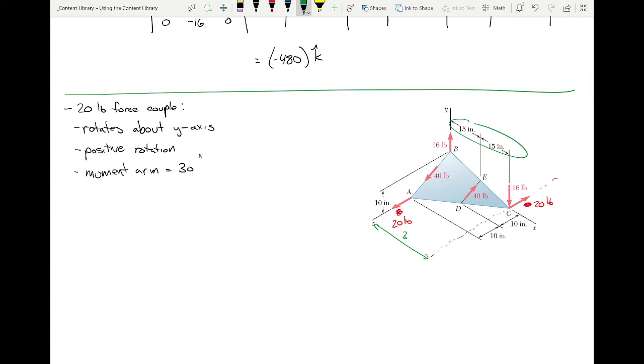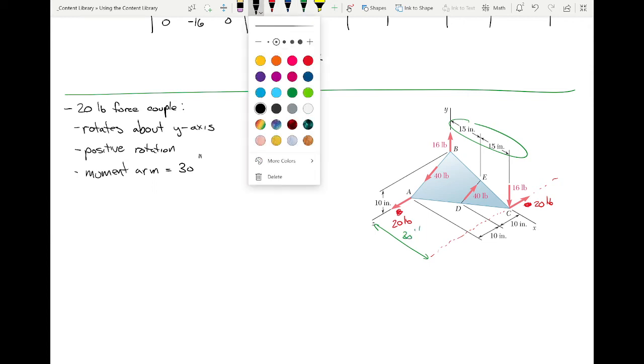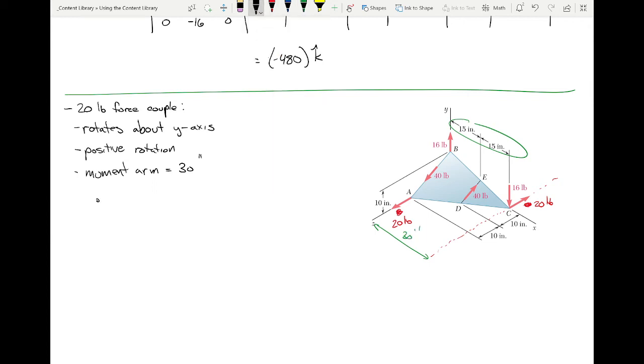So it's 30 inches. Therefore, FD is 20 pounds times 30 inches. 20 times 30 is 600.